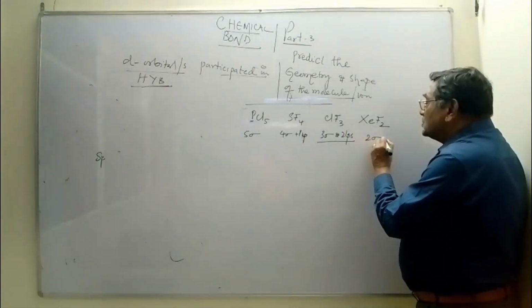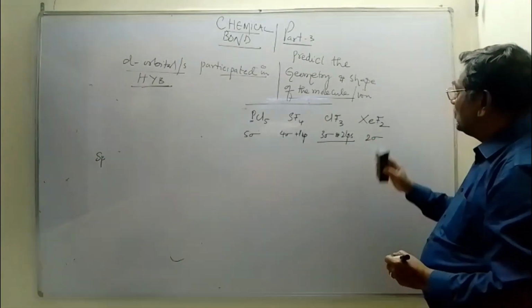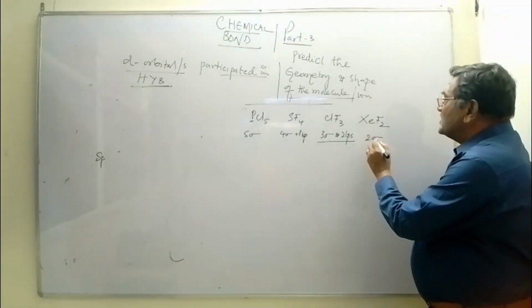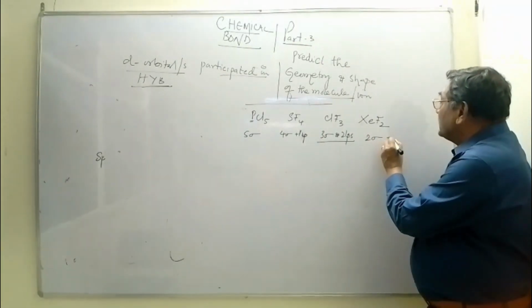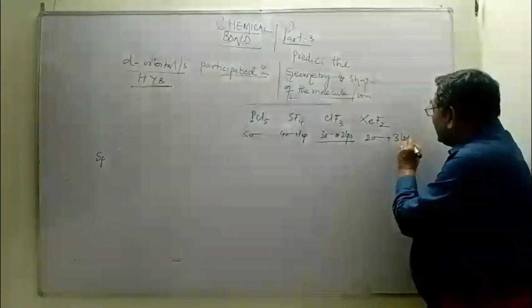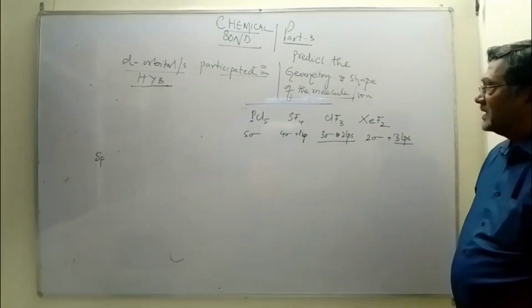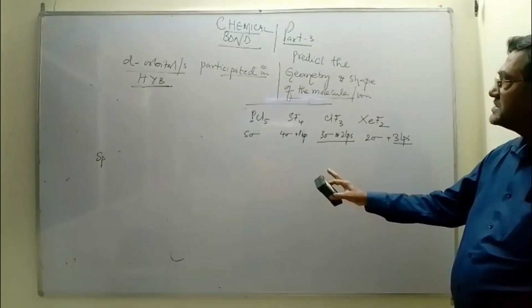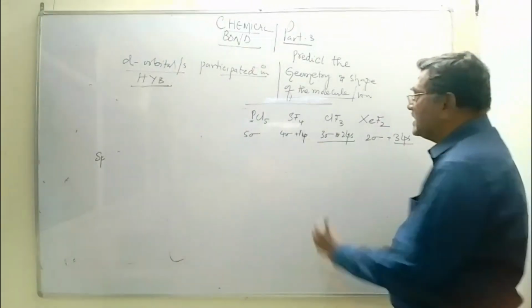And 2 sigma plus 3 LPs of electrons. Can you remember this? I have done it in the previous classes. Let's do this. I'm going to finish this example.